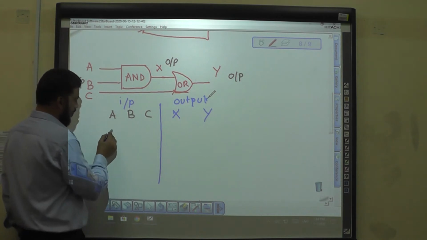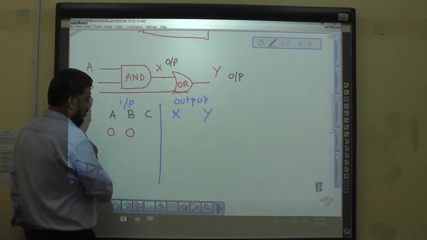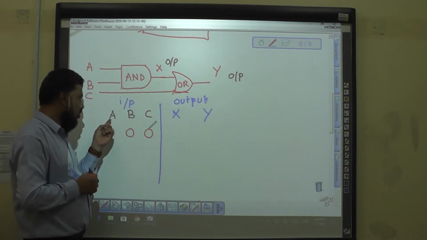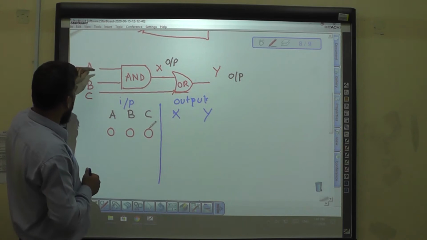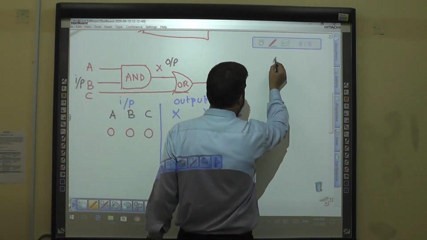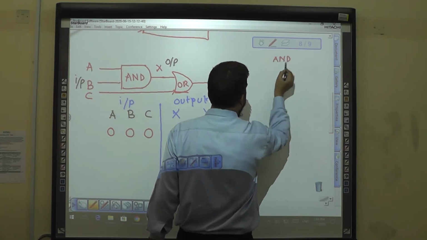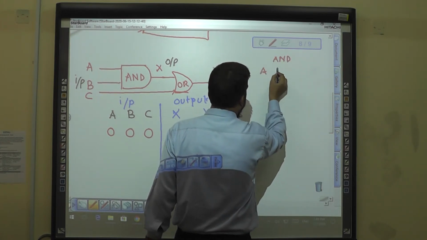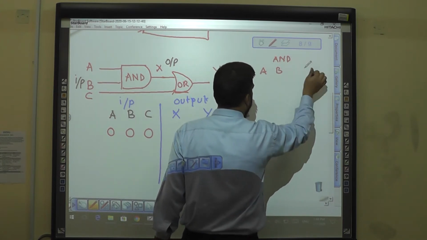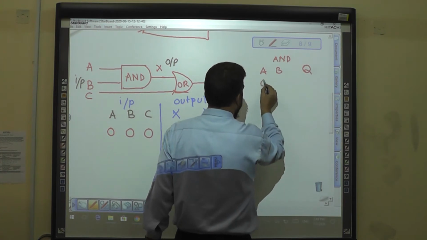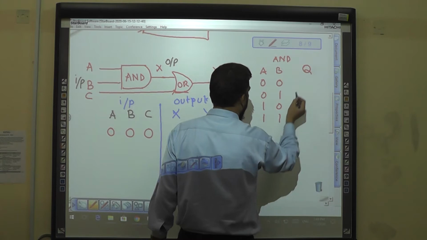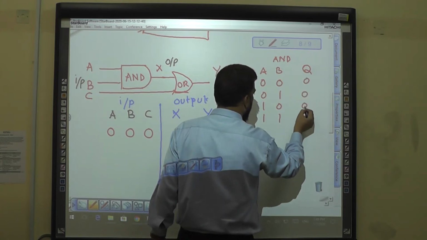For example, A 0, B 0 and C 0. What is A 0, B 0? We know that one. You have to remember the truth table of the AND gate. What is the truth table of the AND gate? A, B, Q: 0 0 gives 0, 0 1 gives 0, 1 0 gives 0, 1 1 gives 1.